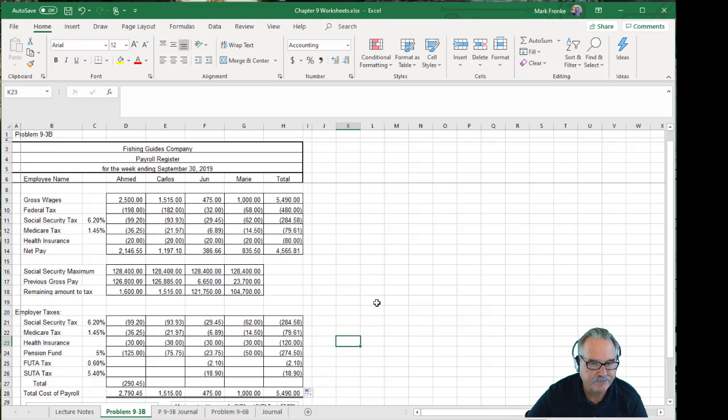So because these are shown as negative, I've now converted them to positive and added them to gross wages to get the total cost of the payroll. So the total cost of the payroll for Ahmed is $2,500 plus the $290.45, which is $2,790.45.